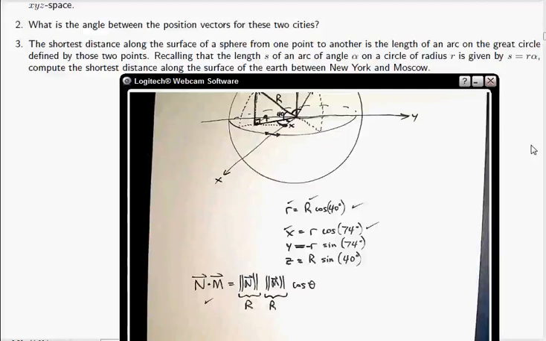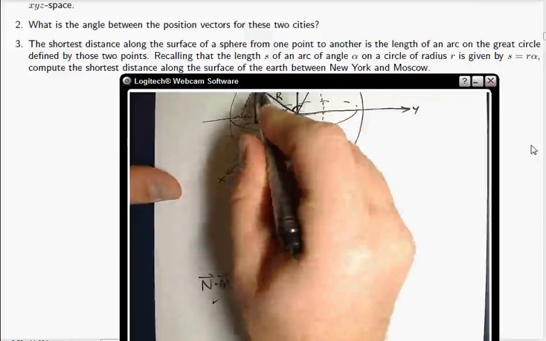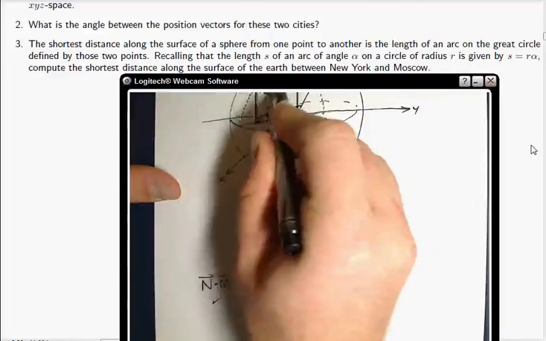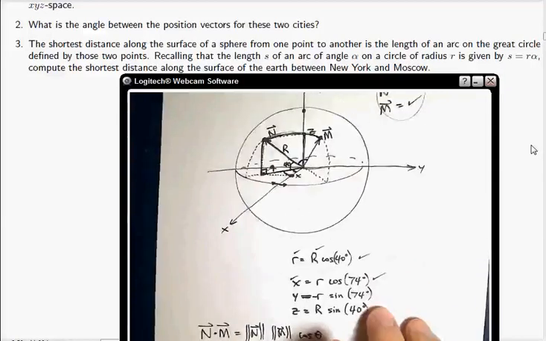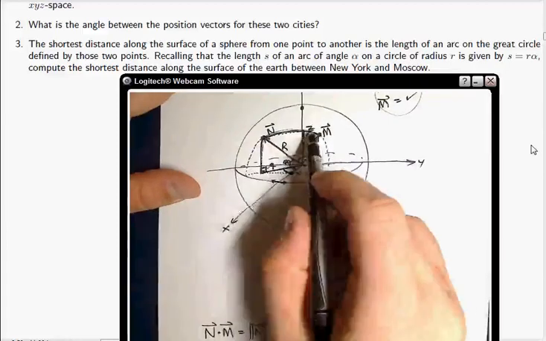Suppose we're going to fly an airplane from New York to Moscow, and of course they go the shortest path, weather and safety issues aside. I claim that's an arc of a great circle.